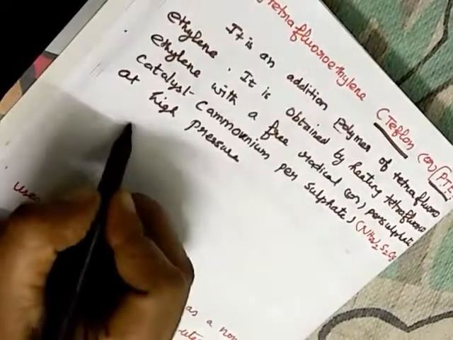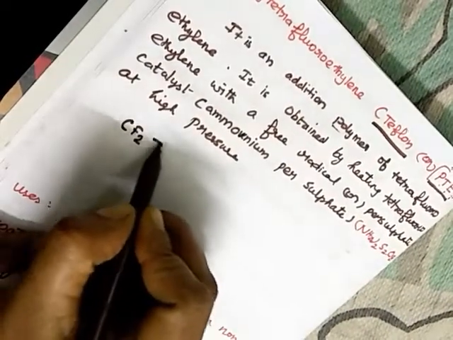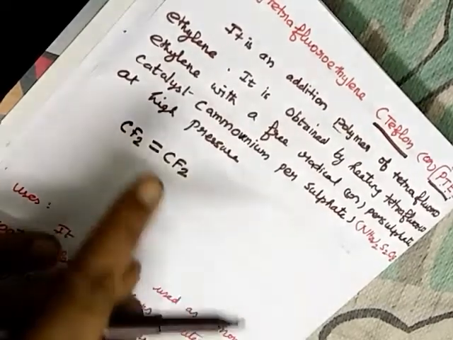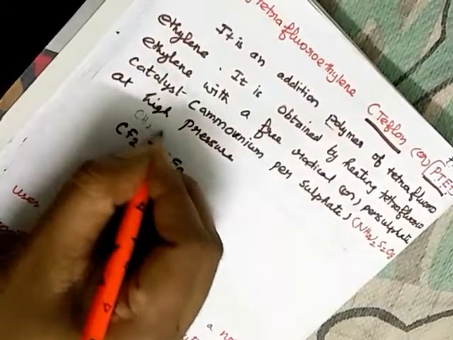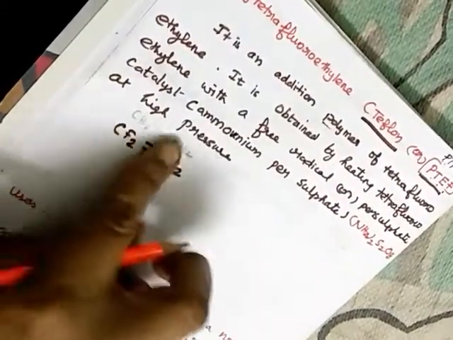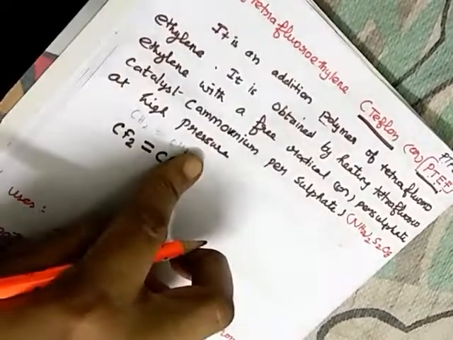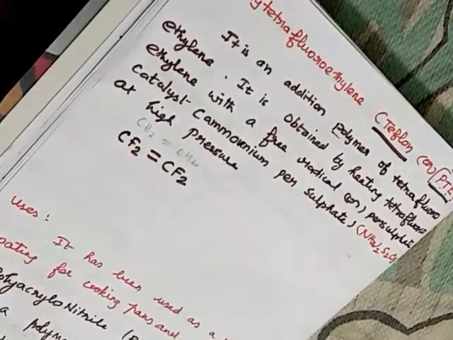Let me write it here. CF2 double bond CF2. What is the name of the compound, children? If it is CH2 double bond CH2, what do we call it, children? Ethylene, CH2 double bond CH2, ethene, isn't it?